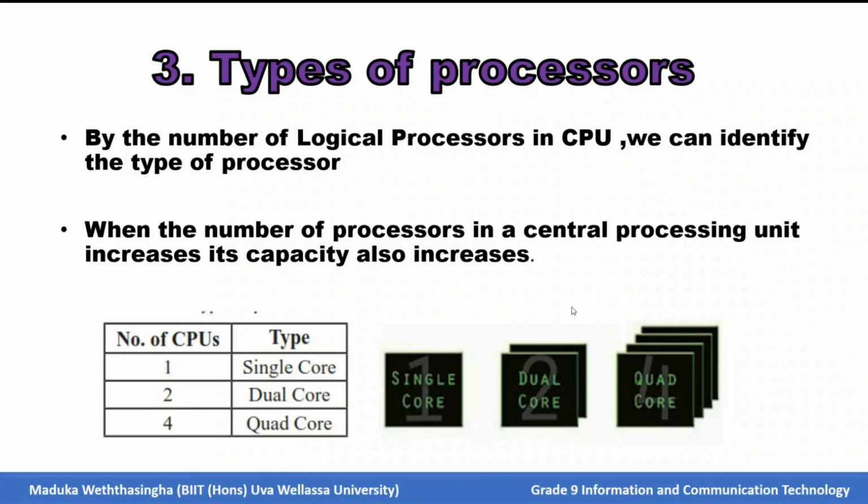If there is one CPU and we divide it into two logical CPUs, we can say dual core. If we divide one physical CPU into four logical CPUs, we can say it's quad core. Right? It's based on the number of logical CPUs.